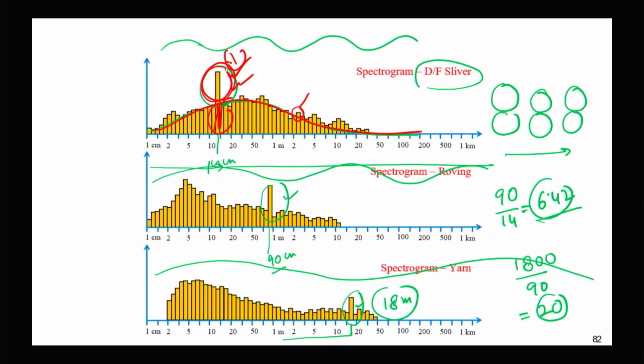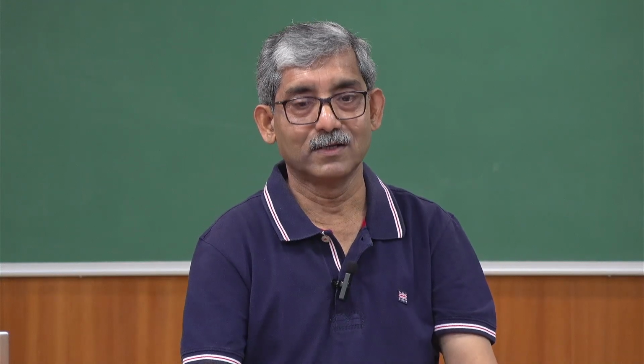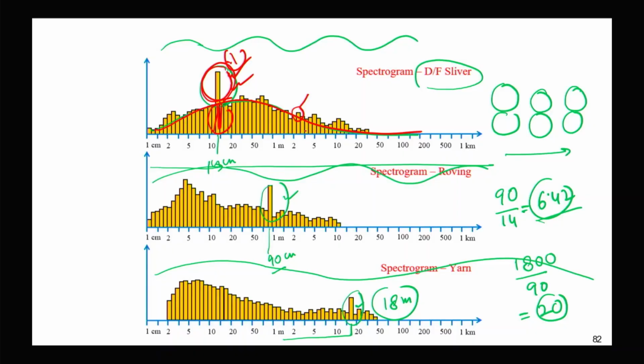There may be many other small peaks, but we have to see whether they are actually significant, whether they will affect the product. That will depend on the ratio of the basic spectrogram and how much it's exceeding.